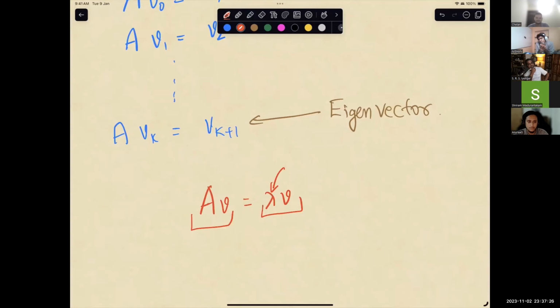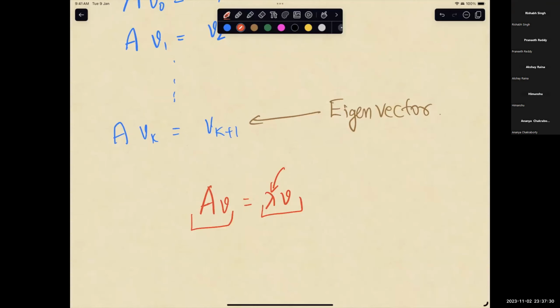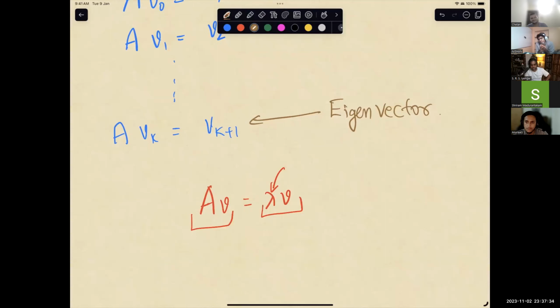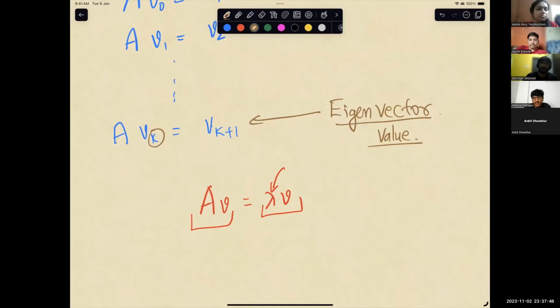Once you get V, AV will give you lambda V. So along with the eigenvector, you get the eigenvalue too. Once the eigenvector is found, after k steps this happens, it seems. Can we check this? Can someone please open NumPy, or maybe even GeoGebra?